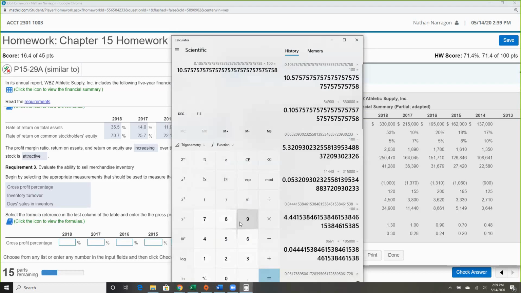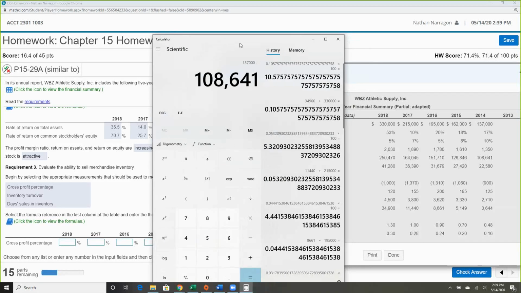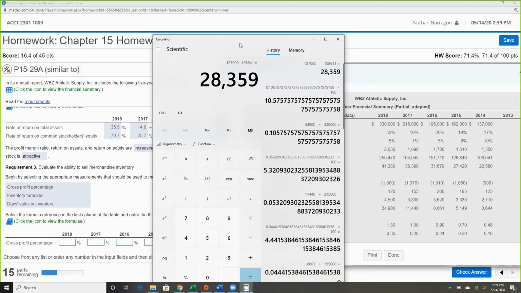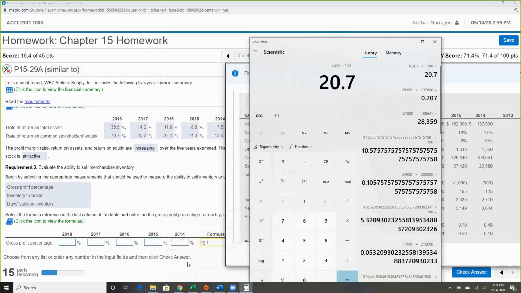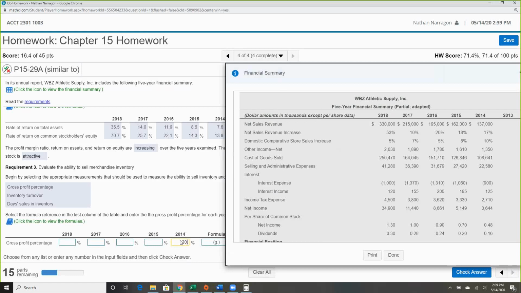So, 137,000 minus 108,641. Sure I grabbed that from the right spot. Yep, cost of goods sold. So there's our gross profit, and then divided by net sales. So we're looking at 20.7%.